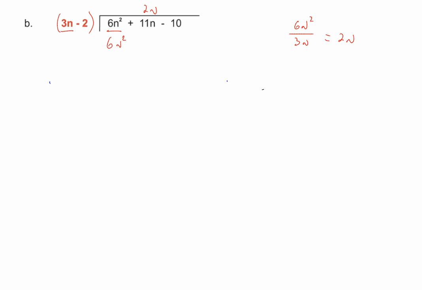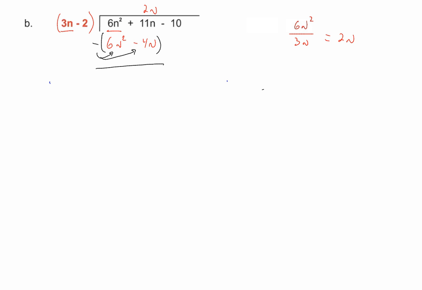This way, when you subtract, it goes away. Hopefully you got 6n squared minus 4n. Don't forget to subtract, distributing that negative. That's going to give me 0. By the way, if you don't get 0 in the front, you chose the wrong thing to divide by.